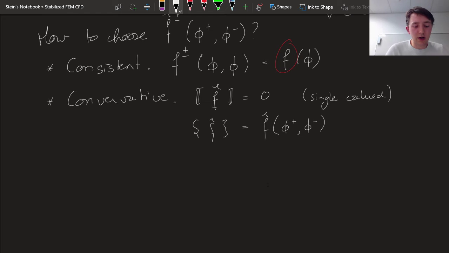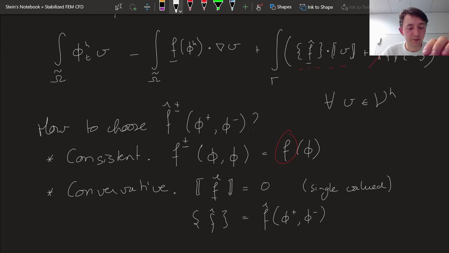So what I want to talk about is why we're calling this a conservative flux. Why is this property so important for making our solution conservative? So let me rewrite this equation, and then we're going to manipulate it a little bit.